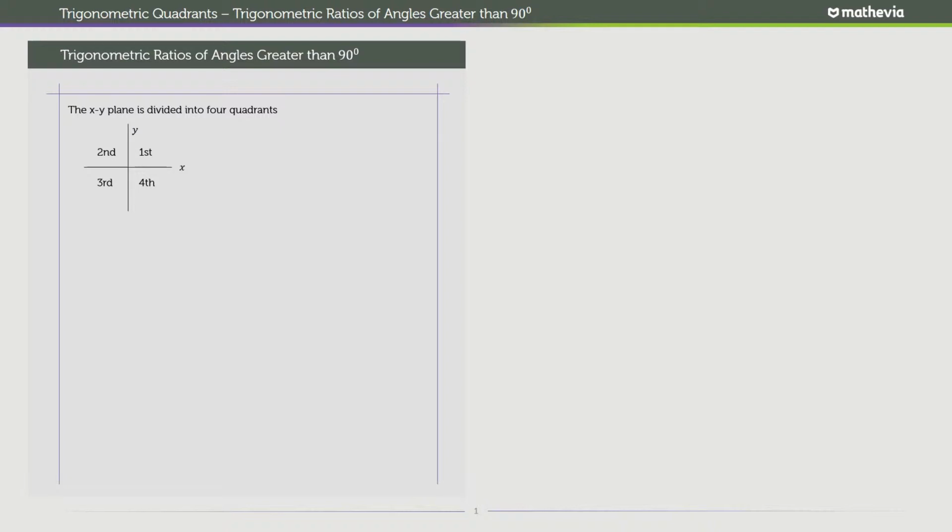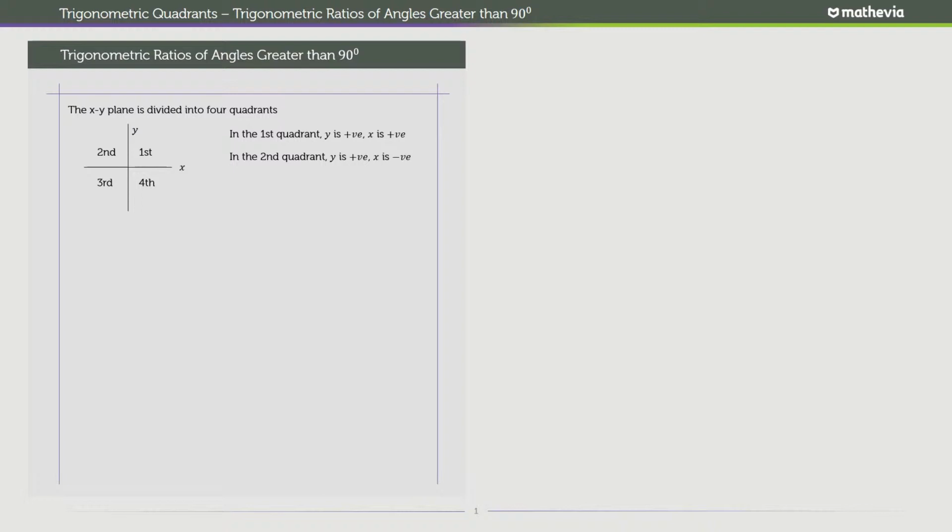Something very interesting about our four quadrants is, if you remember your graph sheet, in the first quadrant the values on the x-axis are positive, and the values on the y-axis are positive as well. Just think about plotting a graph: y is positive if you're going upwards. For your second quadrant, the values on the y-axis are positive, but the values on the x-axis are negative.